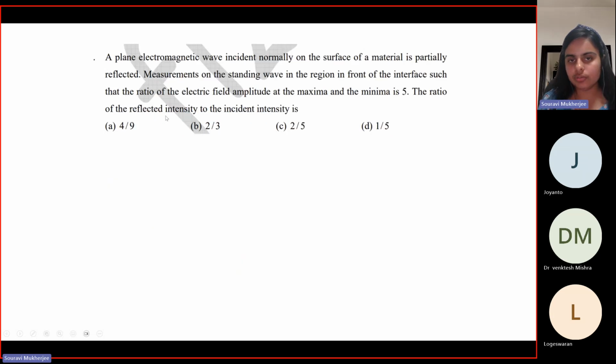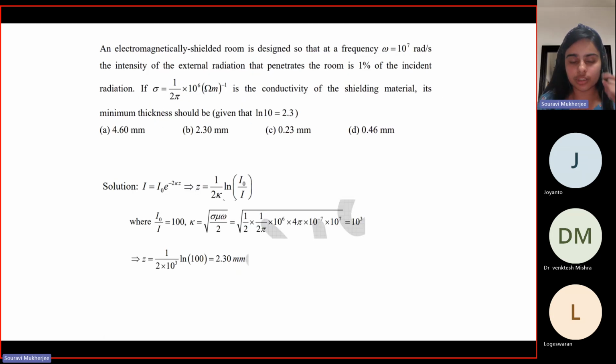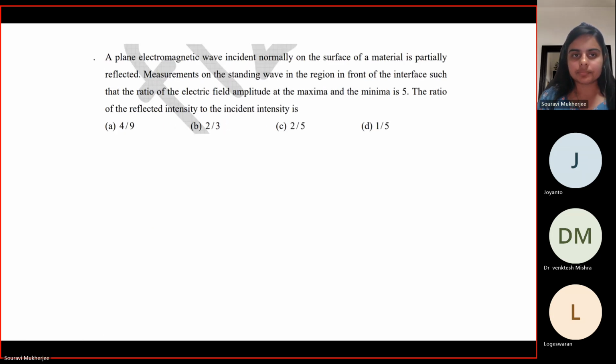So this is how the formula of skin depth and attenuation becomes useful in real life situations. When you are trying to make a room or something for shielding, you have to use this kind of relation to see what the effective thickness should be. So this is how it becomes useful in the physical world.